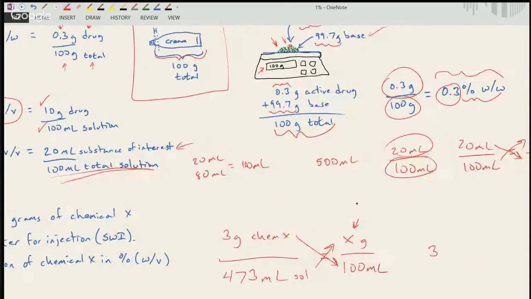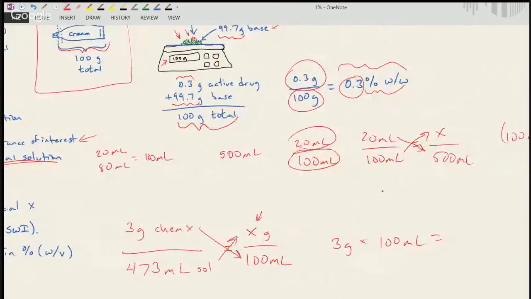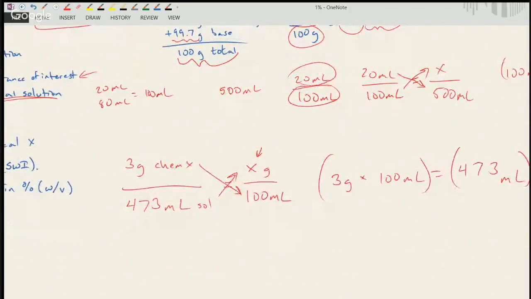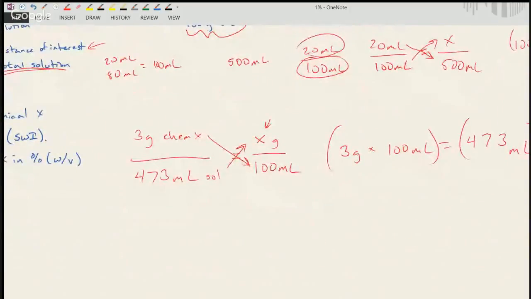So 3 grams times 100 mLs equals 473 mLs times X grams. 300 grams equals 473 times X. So 300 divided by 473 equals X.